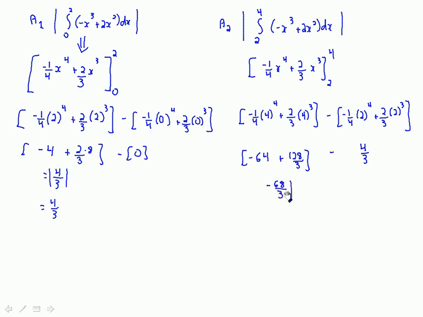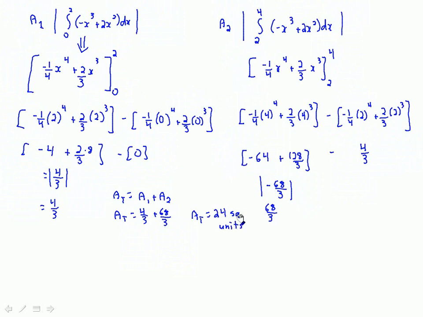But the absolute value of that is 68 over 3, so AT is equal to A1 plus A2. So the total area would be 4/3 plus 68/3. So AT is equal to 72 over 3, which is 24 square units.